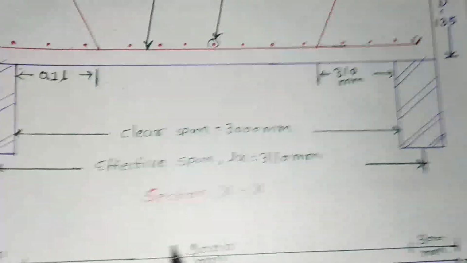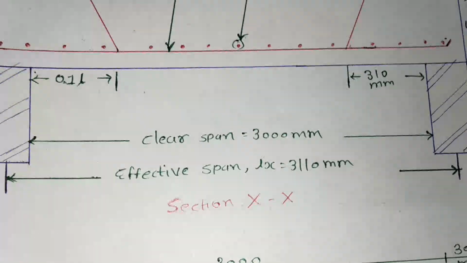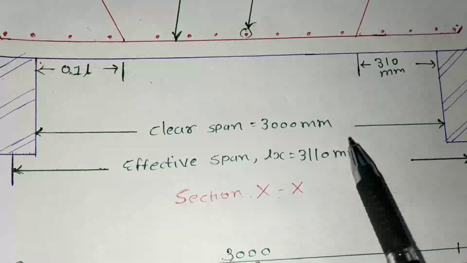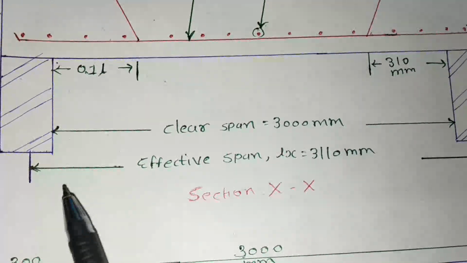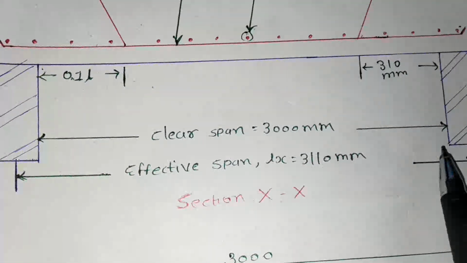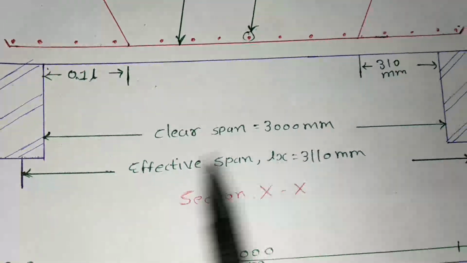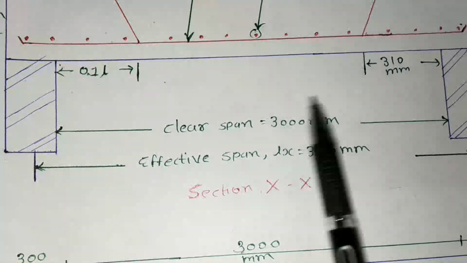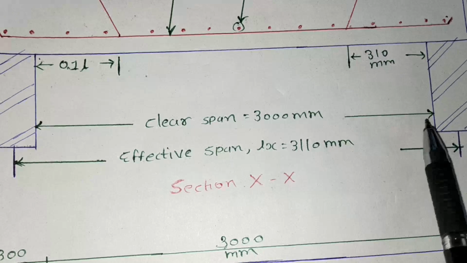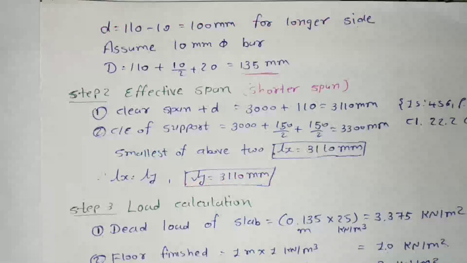First condition is clear span 3000 plus effective depth. Second condition is center to center distance from this point to this point. That means clear span plus width divided by 2, and for this side width divided by 2.